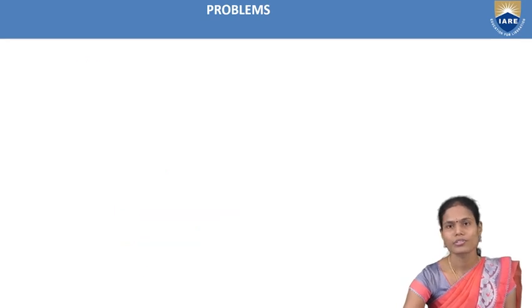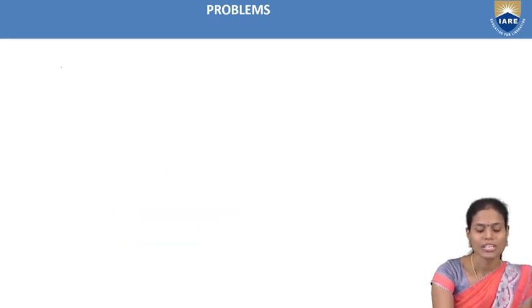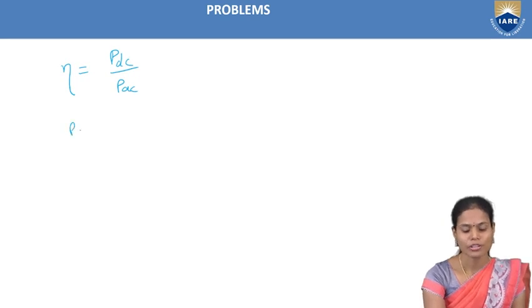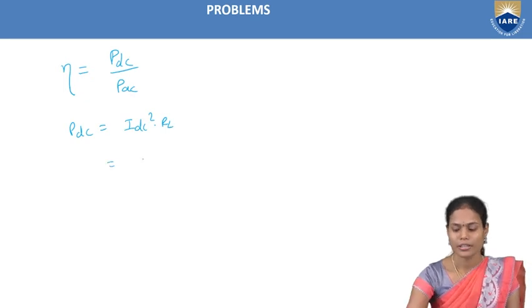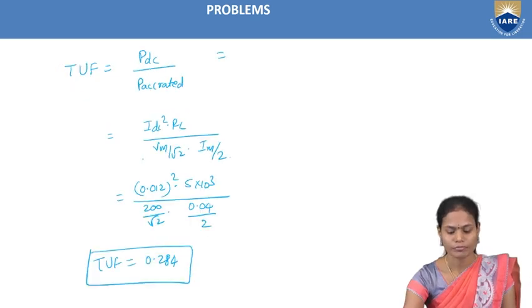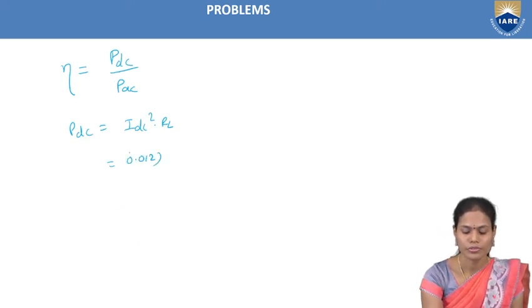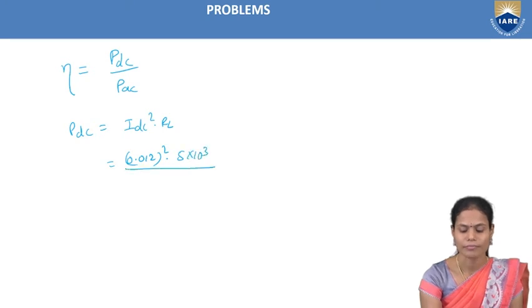And next we need to calculate the efficiency of the rectifier, that is PDC by PAC. To calculate PDC, I'm taking IDC square into RL. That is IDC value 0.012 whole square into RL, 5 into 10 power 3.